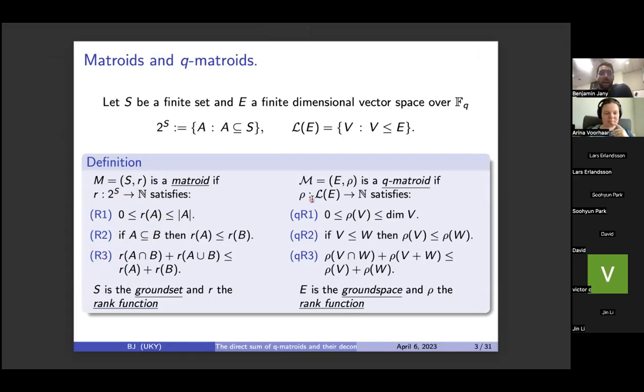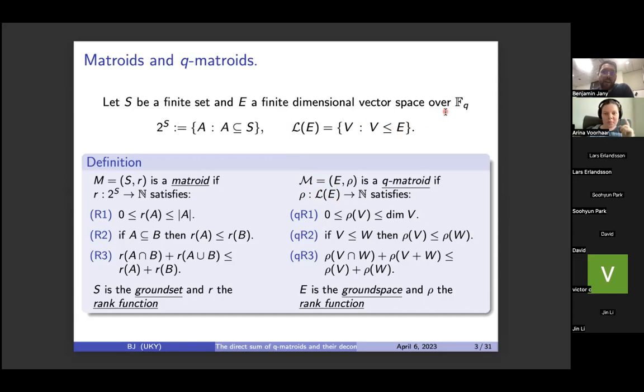Now, q-matroids are defined in a really similar way, where we define a rank function on the collection of subspaces of a finite dimensional vector space over Fq, where Fq is a finite field of order q. You can see q as being a prime power.